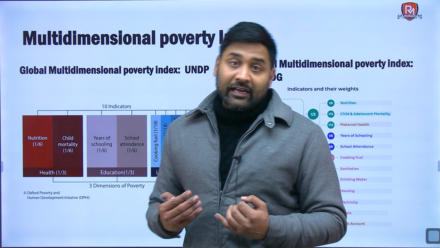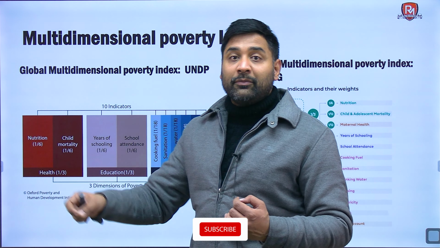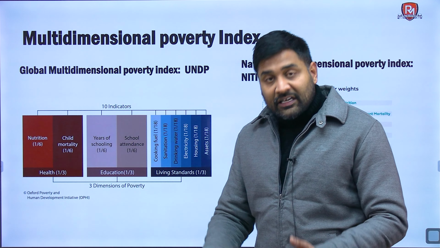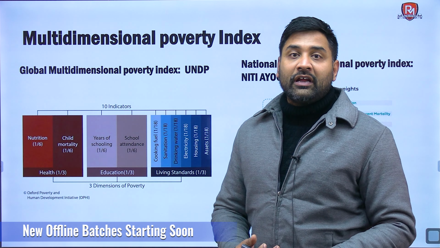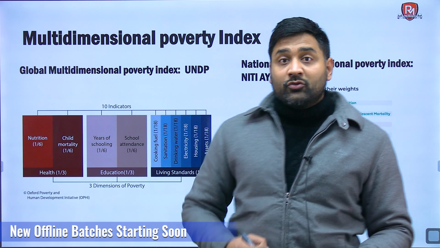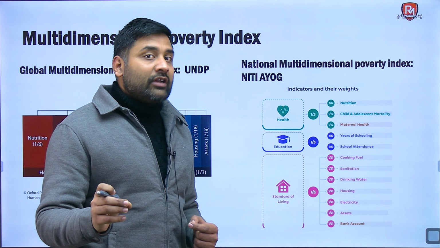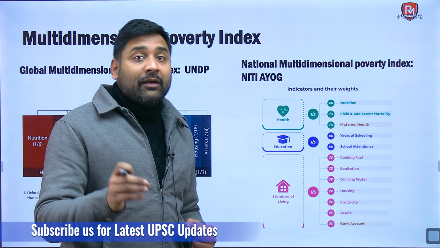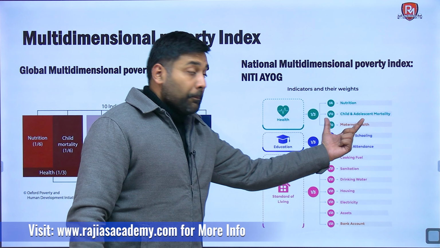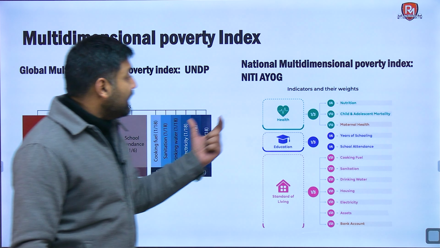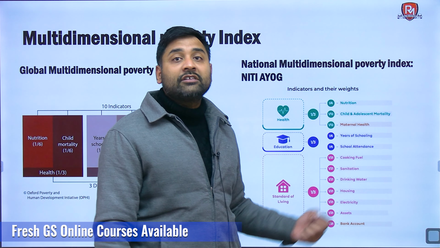Now, in India, the global multidimensional poverty index is calculated by UNDP, but Niti Aayog, which calculates India's multidimensional poverty index, actually uses 12 indicators. Instead of these 10 indicators, Niti Aayog uses 2 extra indicators. In case of health, in the global index there are 2 indicators, but in India there are 3; the third one is maternal health.